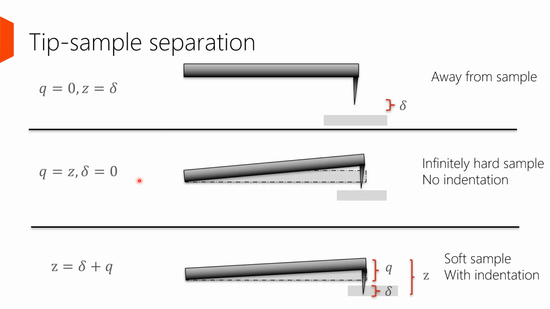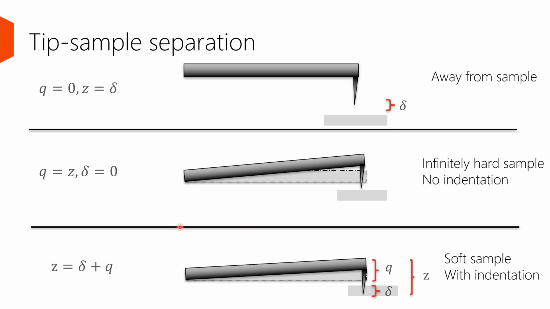If we compare three different scenarios, we can better understand the relation between those parameters. So think about this scenario when the tip is far away from the sample and it's moving towards the sample surface. In this phase, there is no deflection of the cantilever, and how much the z piezo moves is equal to the change of the tip-sample separation.